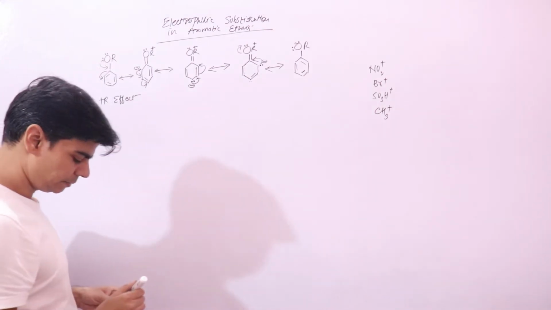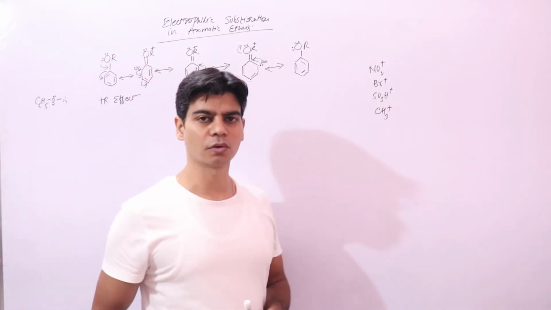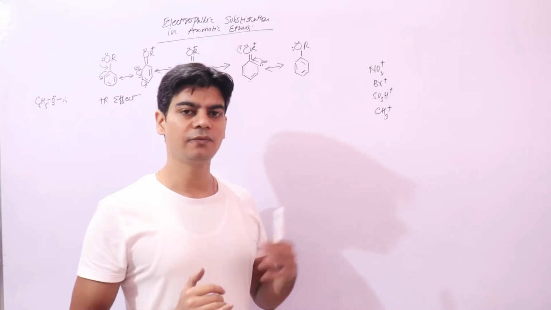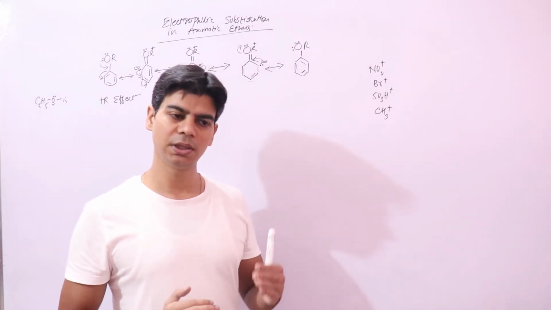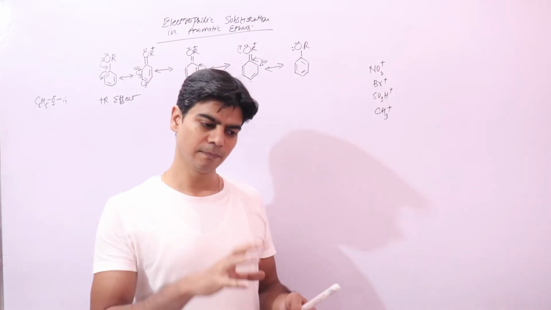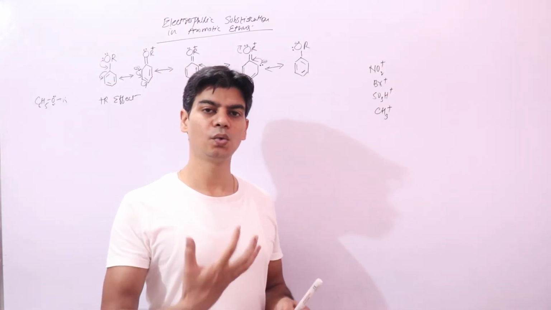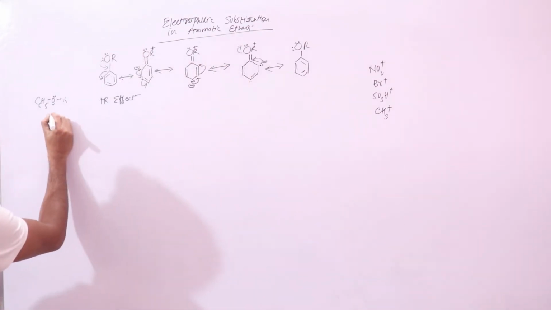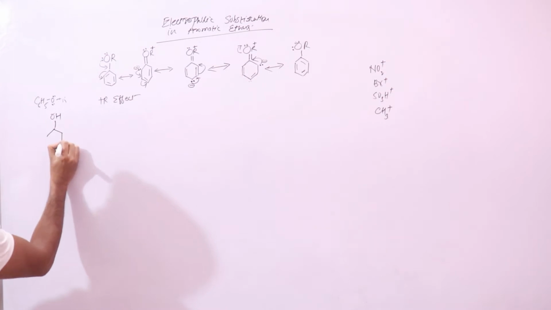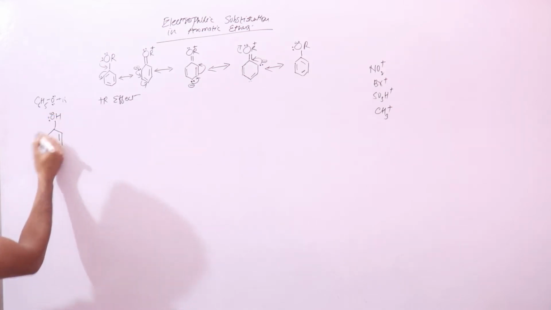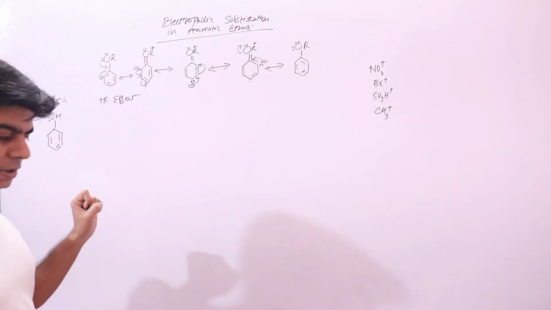Now, I said in the beginning that we have done this in the case of phenols also. Phenol will also create sites of high electron density, but what happens in the case of phenol is the ring would get activated to a higher extent. This OH group will also create sites of high electron density.